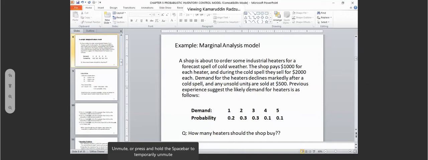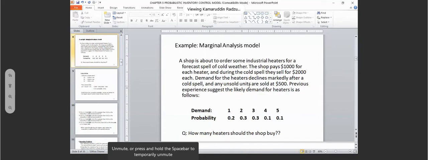For example, we have a demand of 1 unit. The probability of customer to buy only 1 unit during the cold spell is 0.2.